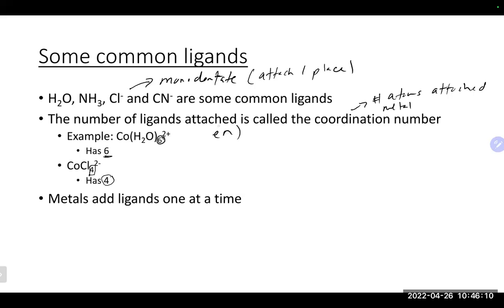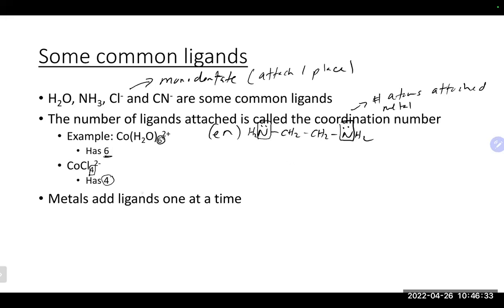En, ethylenediamine, is an example of that. It looks something like this. It has the ability at both of these nitrogens to actually attach to the metal.